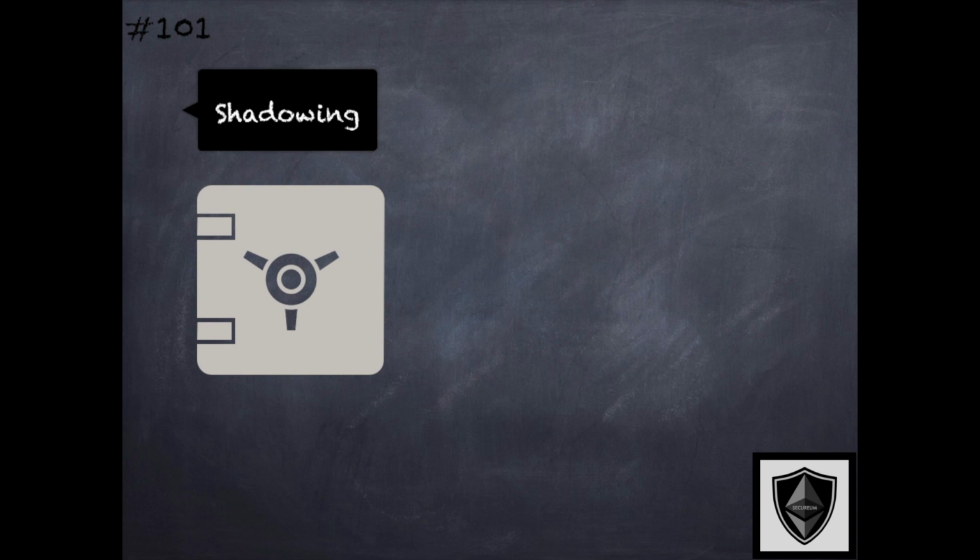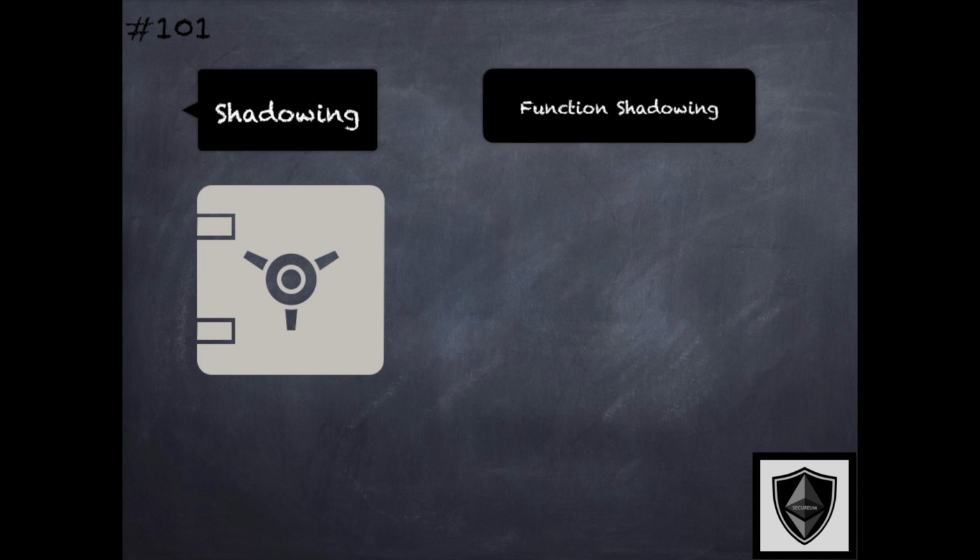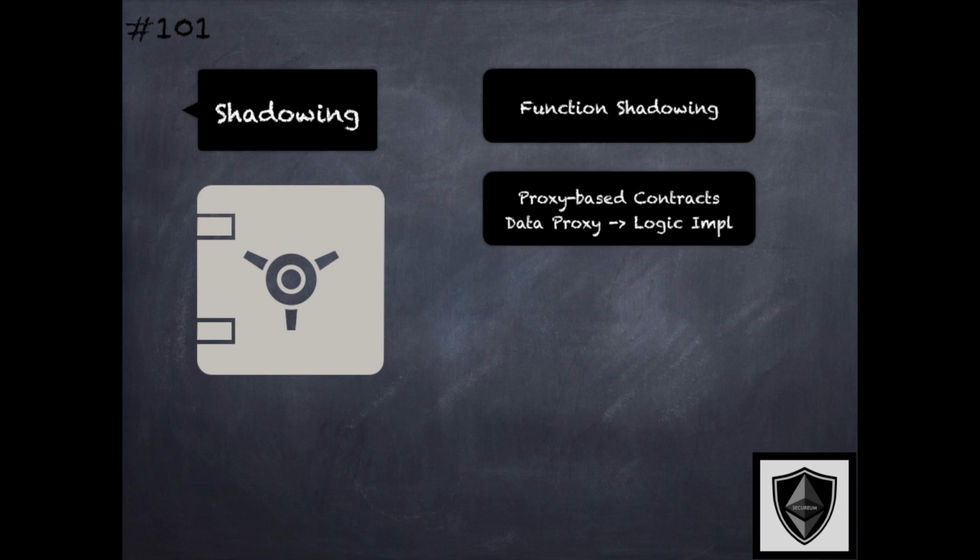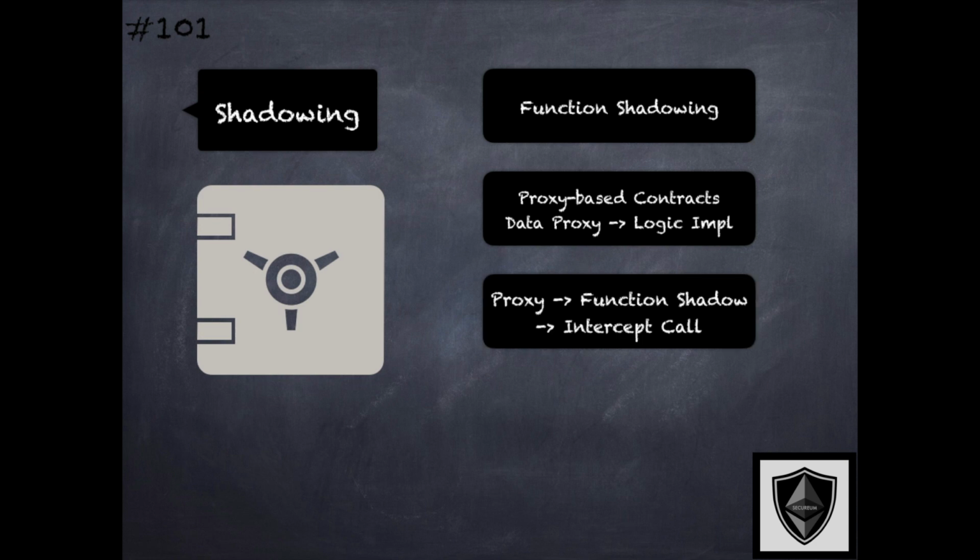Instead of the proxy contract covertly trying to hijack calls meant for the implementation by declaring functions whose IDs collide with the implementation contract functions, they simply could shadow the functions in the implementation contract. And what this means is that a proxy contract can declare functions that have the same name and the same parameter numbers and types as functions in the implementation contract.